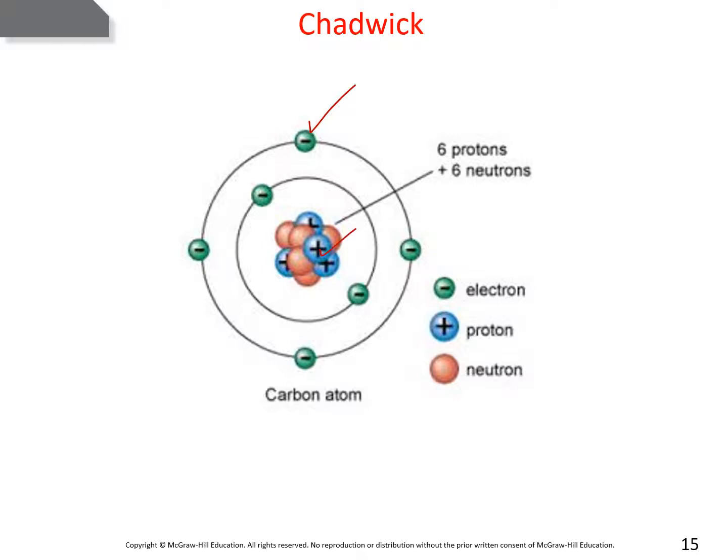Yes, we have positive protons that are in the nucleus. But then also we have these neutral neutrons that don't play a part in a charge, but do continue to add to the mass of an atom.